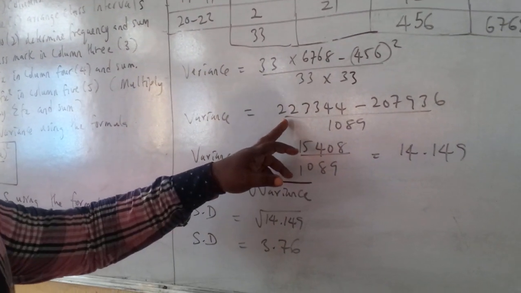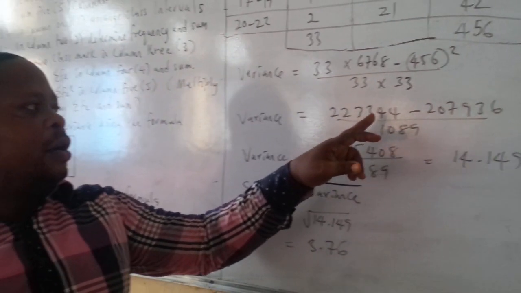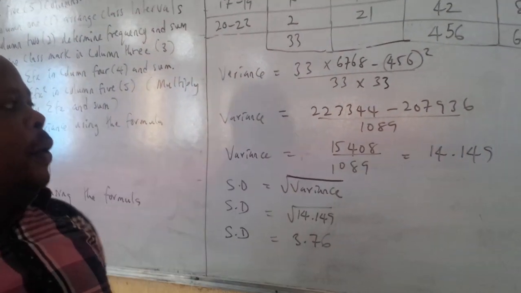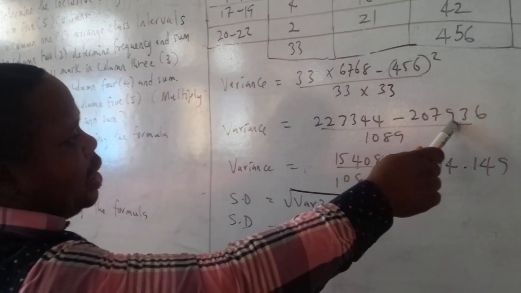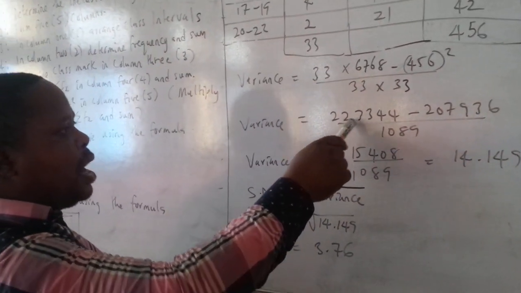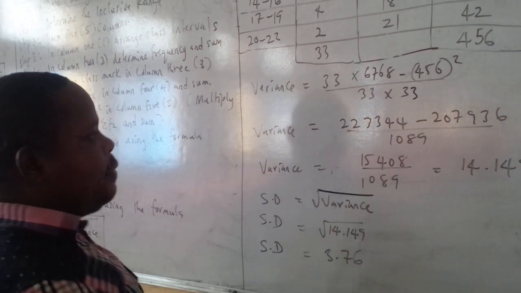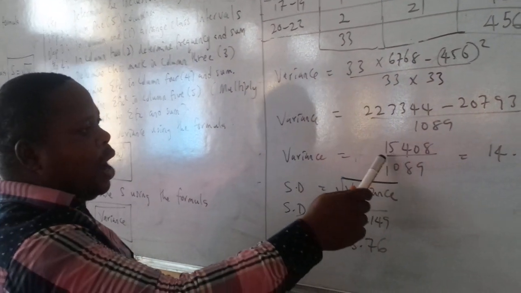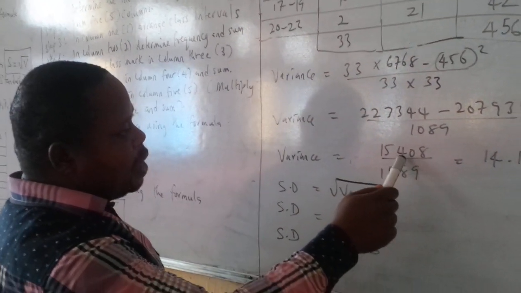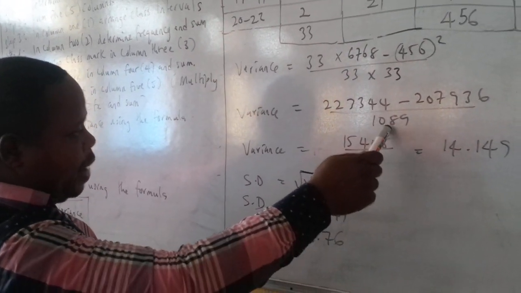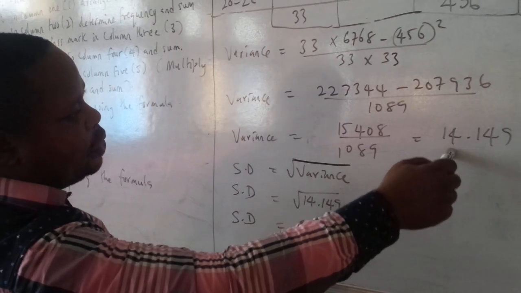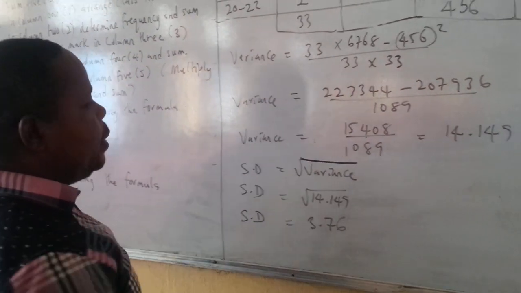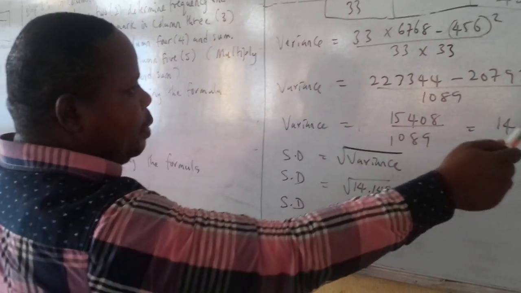If you subtract 207,936 from 223,344, you will have 15,408. And if you divide it by 1,089, it's going to give you 14.149. And that is the variance.